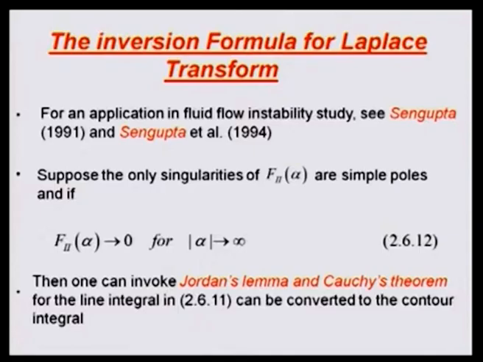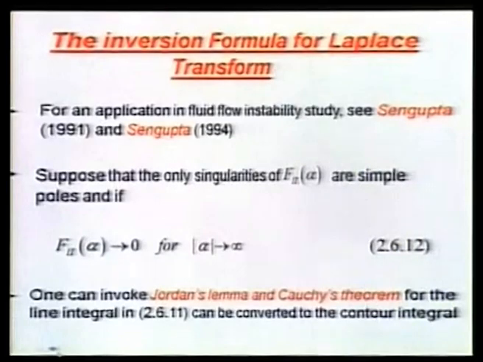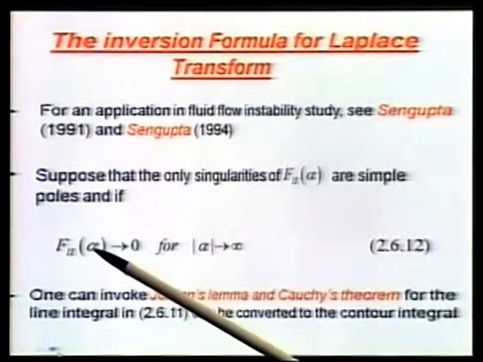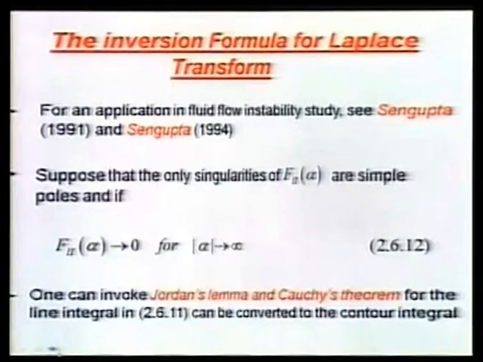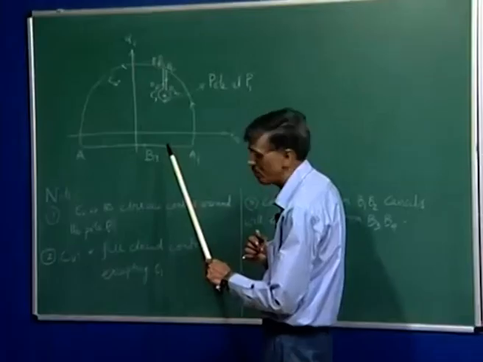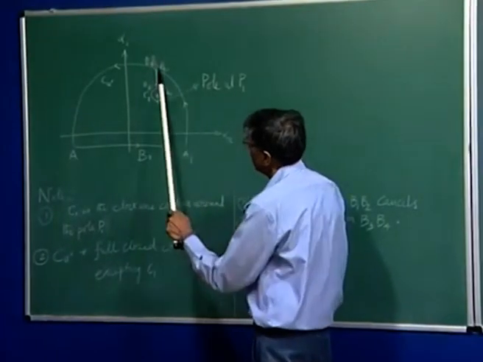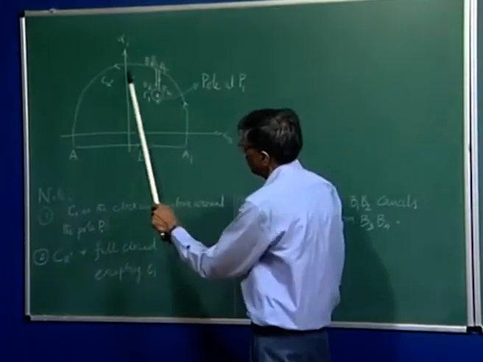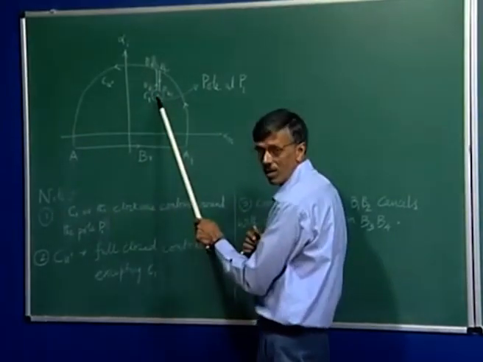If the transform has the following property, that it has only simple poles, and this quantity goes to 0, the transform goes to 0 for alpha going to infinity, then we can use the Jordan's lemma, and as I said, the Bromwich contour is something like this, constant alpha I. Now, what I could do is construct a closed contour where the simple poles are excluded.